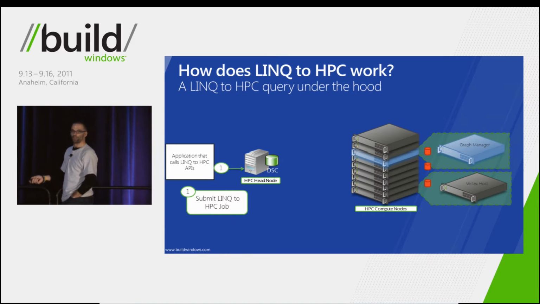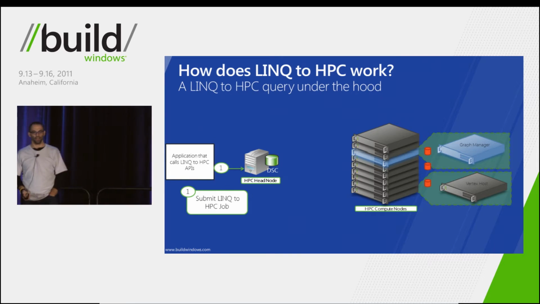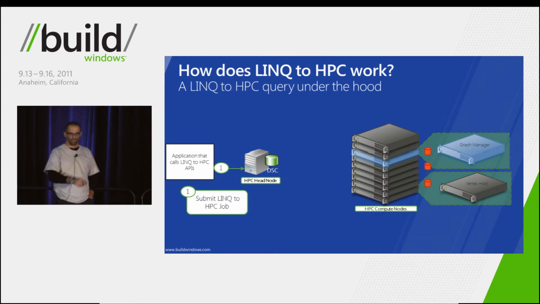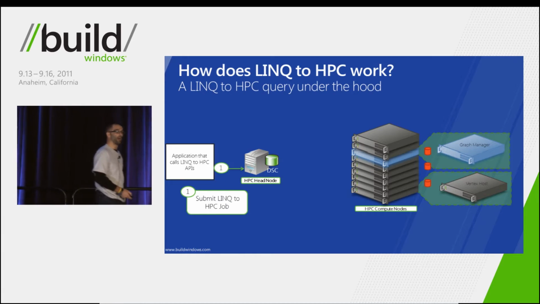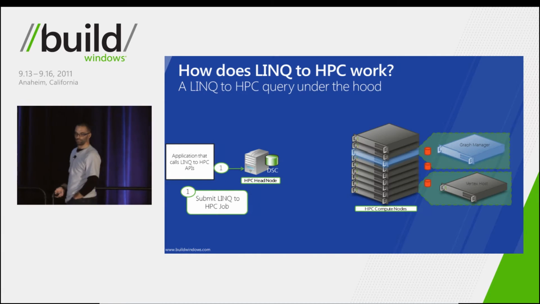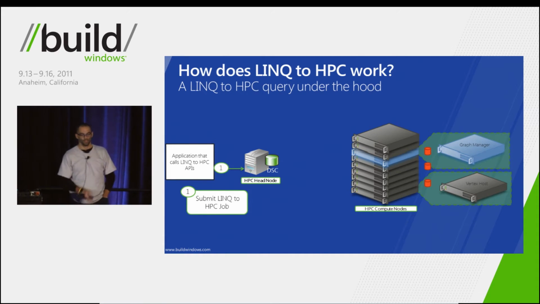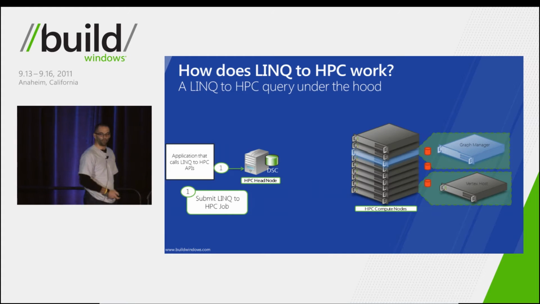And I submit a job just like you would submit any other HPC job to the cluster and the head node. You'll notice on the head node I've got another little disk symbol there. That's my DSC database, right? So just like the scheduler HPC database, it's a SQL database. And this is the thing that's tracking where all my data is.